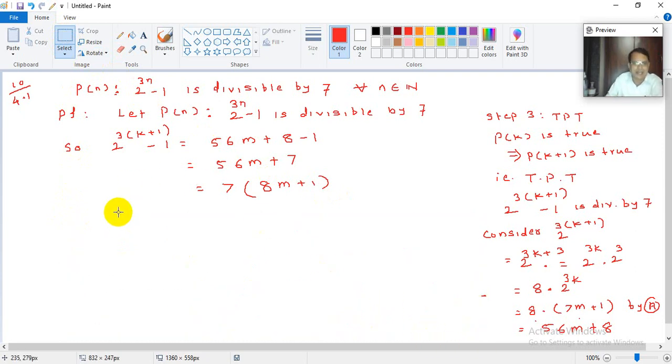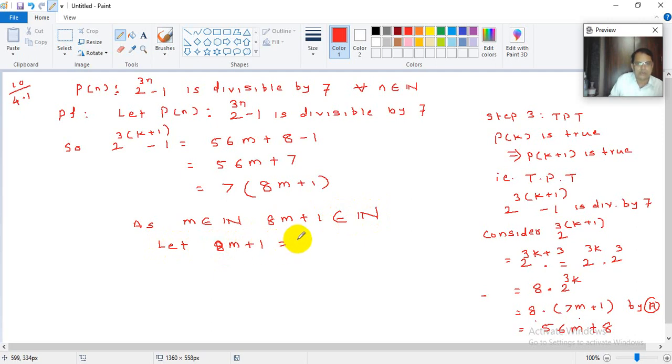Now what I can say? As m belongs to N, 8m plus 1 also belongs to N. So let, what we can say, let 8m plus 1 is equal to p. Then you can write 2 raised to 3 into bracket k plus 1 minus 1 is equal to what?